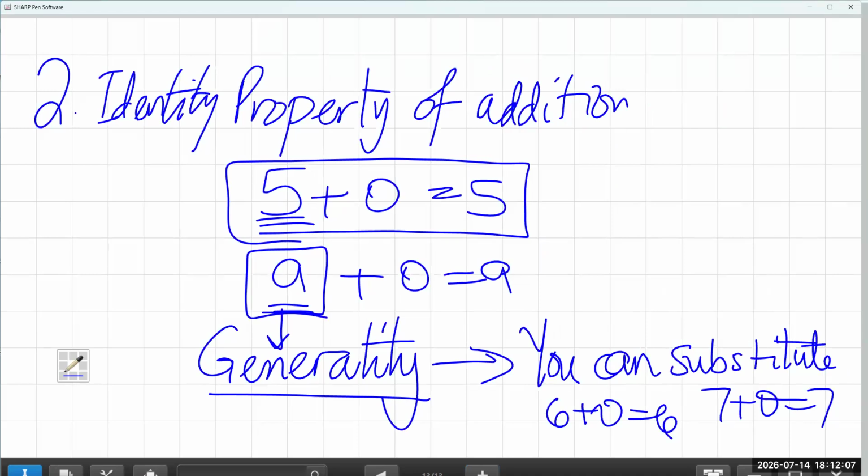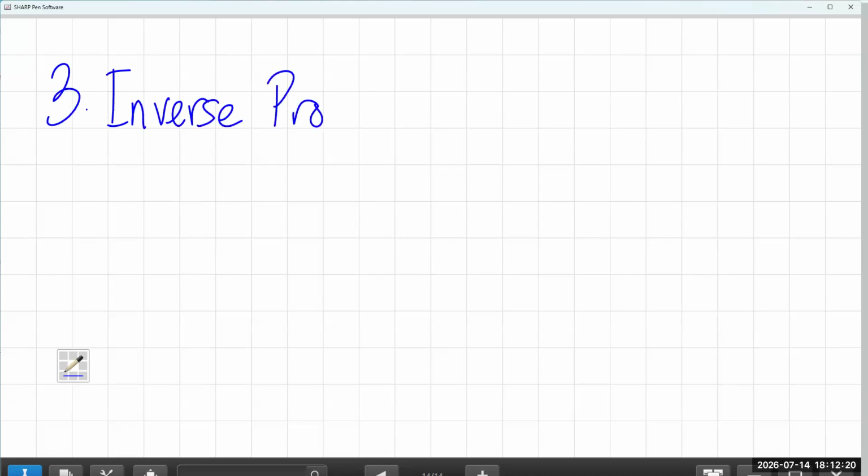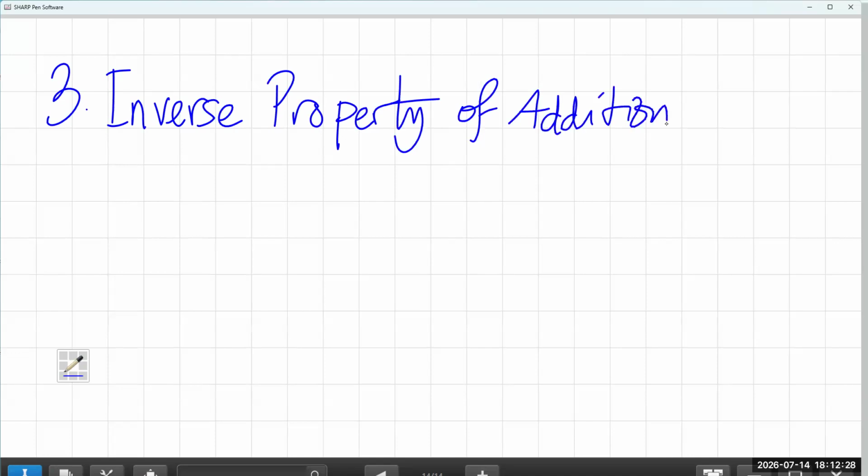The next one we have is the inverse property. So let's talk about the inverse property of addition. The inverse property of addition says that a number plus its opposite is equal to 0.